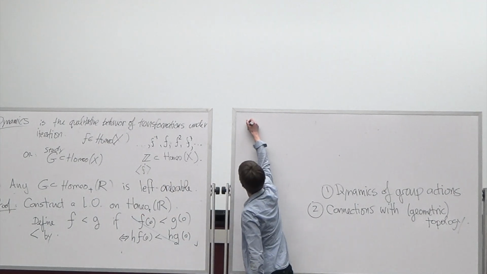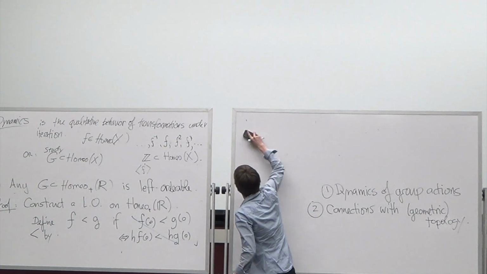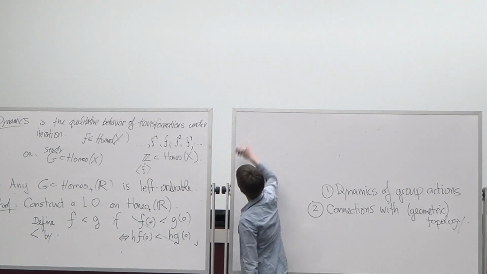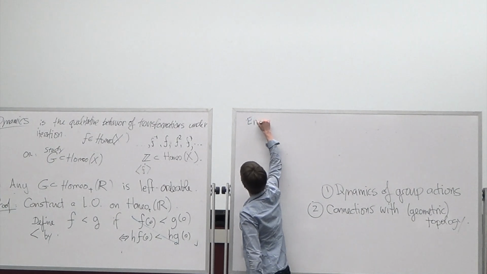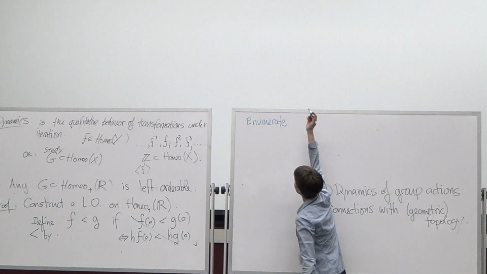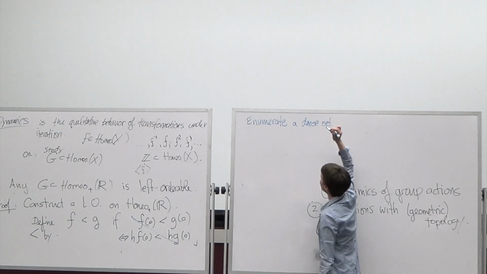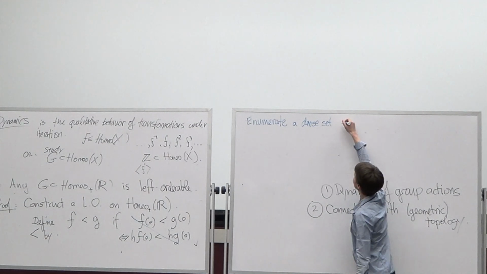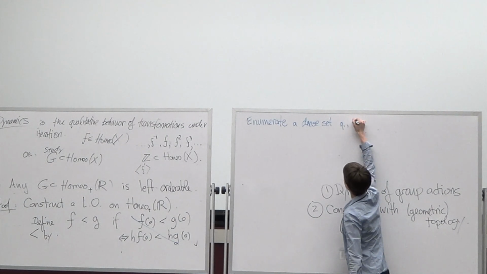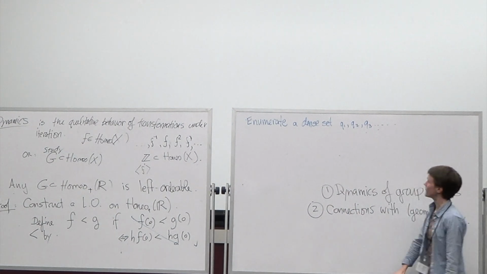I need some setup: first, enumerate a dense set of points. So maybe you enumerate all the rational numbers on the line, q1, q2, q3, and so on forever.